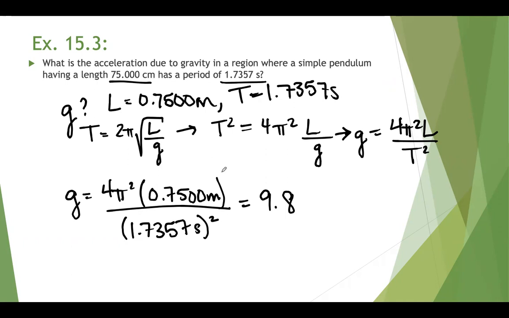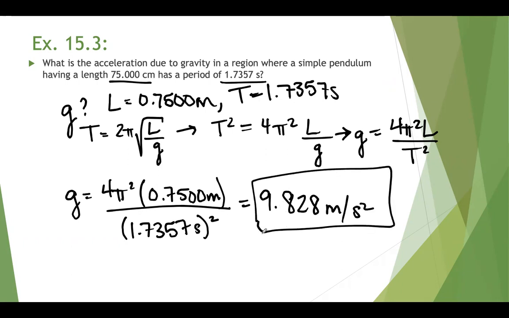We have that many, so I can say 9.828 meters per second squared. So we just found the acceleration due to gravity using the simple pendulum. This is actually fairly good given that the actual value is 9.81 meters per second squared. So that's a pretty good estimation.